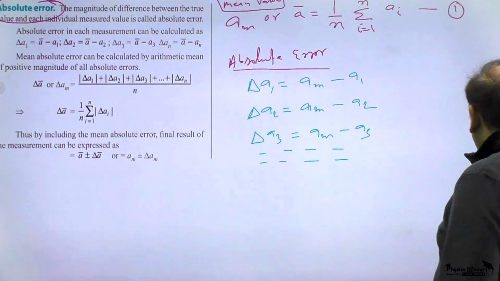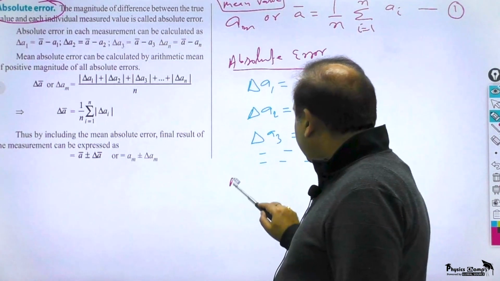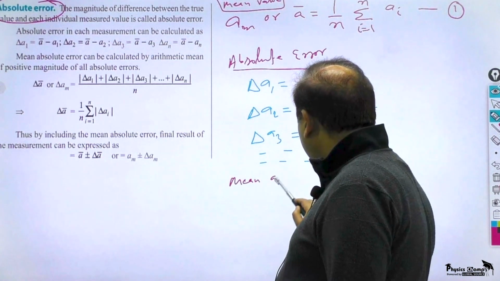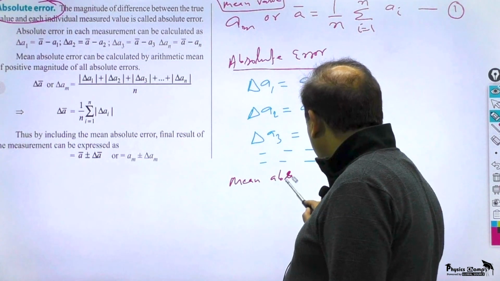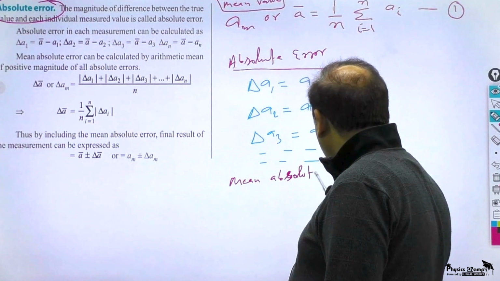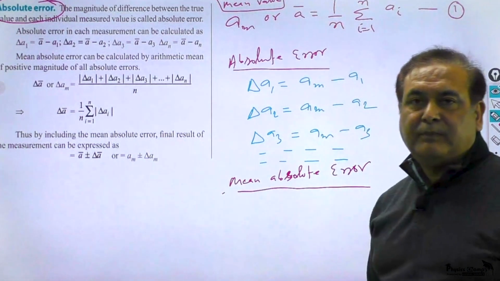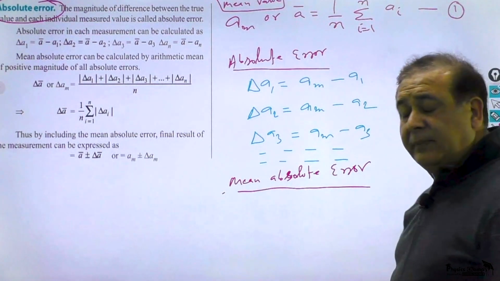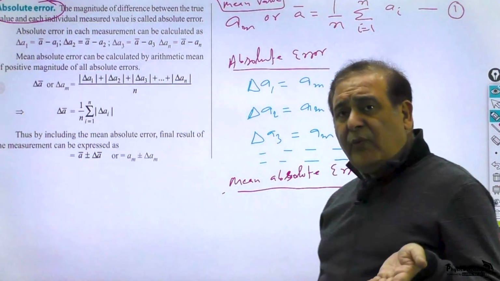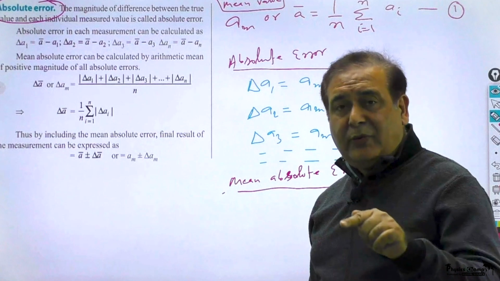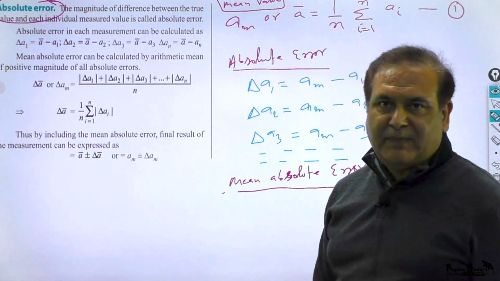But when we are taking the mean absolute error, it is the mean of all these errors but in absolute form. It means the positive value of them.